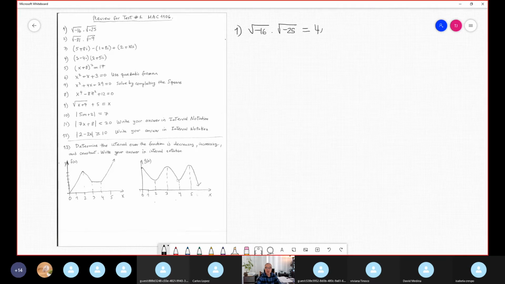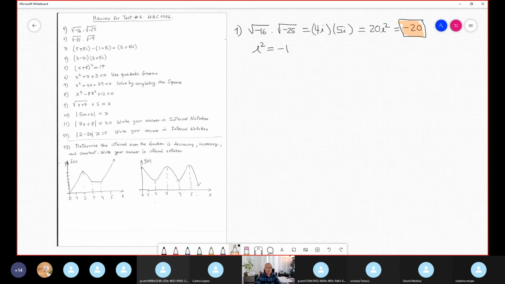The answer is 4i times 5i. This is 20 i squared, but don't leave it like that, never. Because I know i squared is negative 1, the answer is negative 20. End of story. This is my answer.